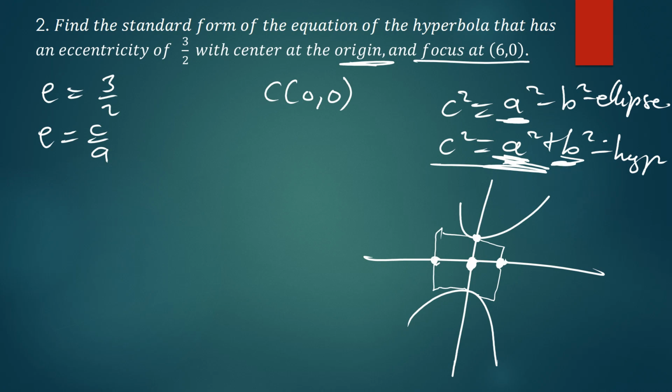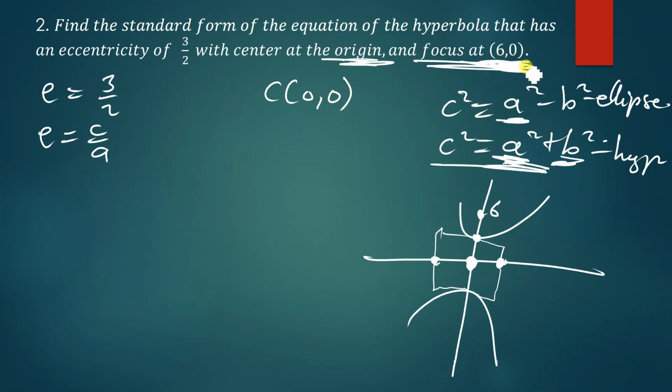Alright, so we have been given the distance from the center to the focus, which is 6, because we've been told the coordinate of the focus is 6, 0.